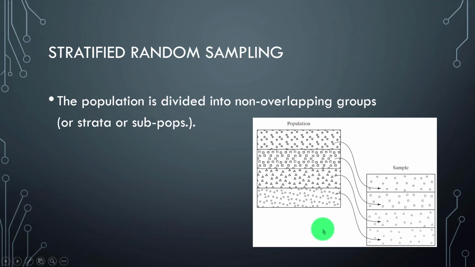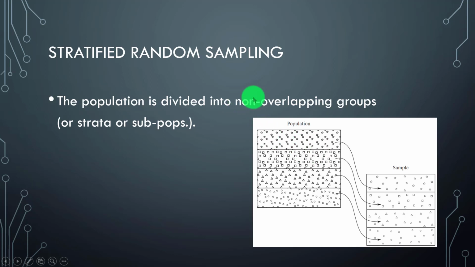If a population is present, first you divide the population into groups, or strata, or subpopulations. And everyone gets put into a group, and you can't have anyone existing in two groups at once.